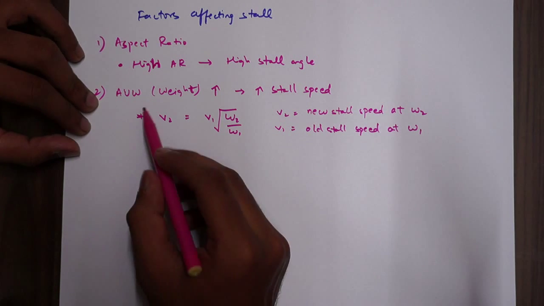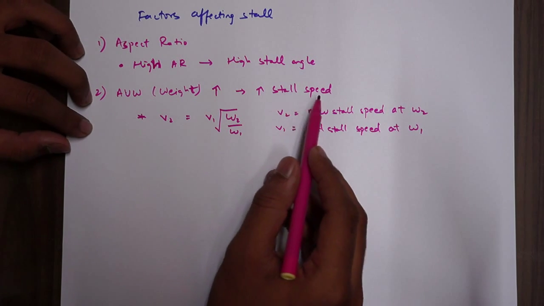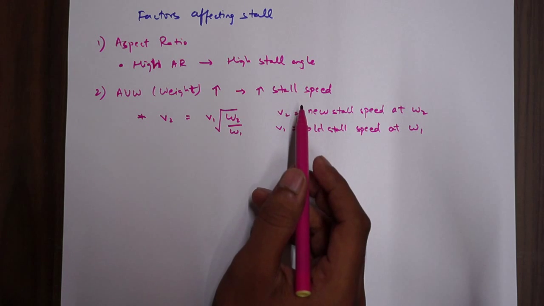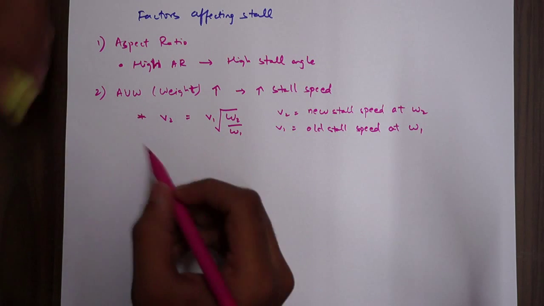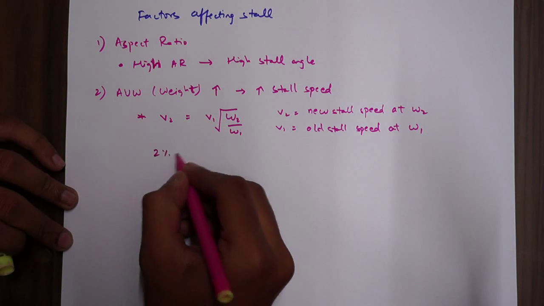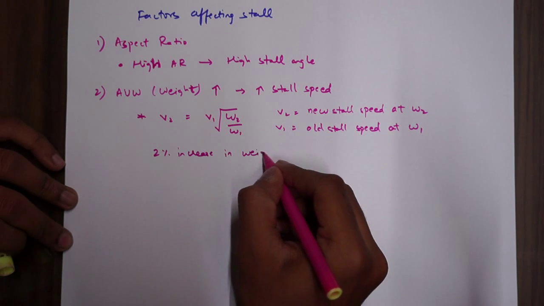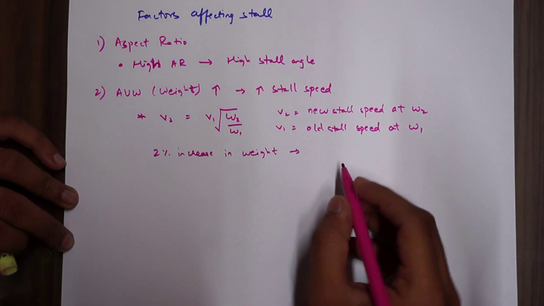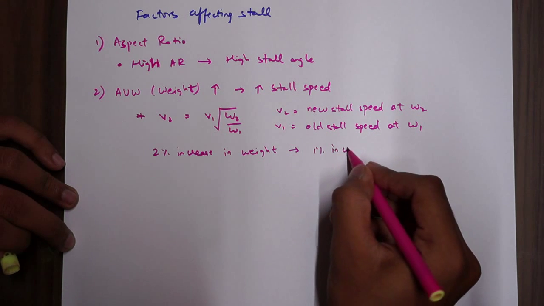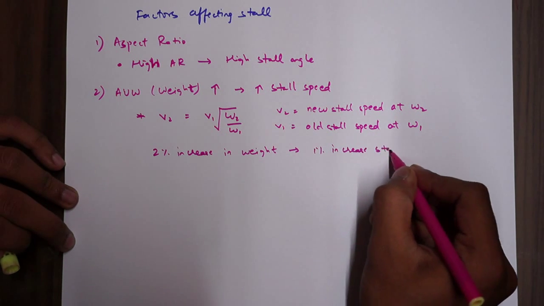So basically, if you increase the weight, the stall speed will increase and you will tend to stall early. The general idea is a 2% increase in weight will lead to a 1% increase in stall speed.